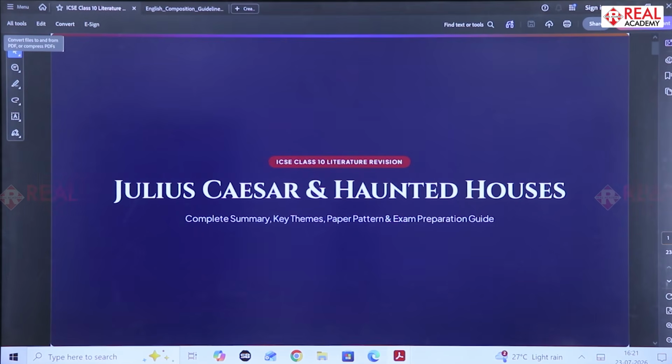The board expects students to write well structured answers supported with textual reference wherever required. Avoid writing one line answers. Every answer should have an introduction, explanation, and proper conclusion.